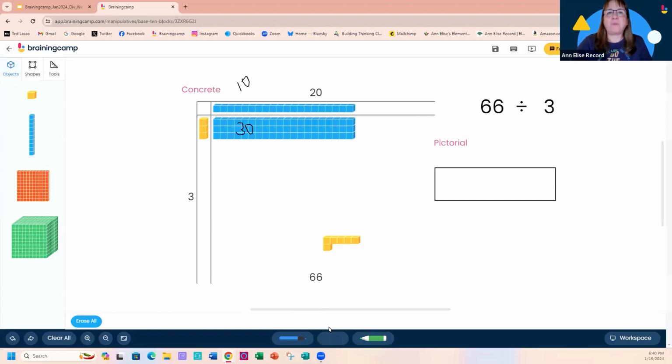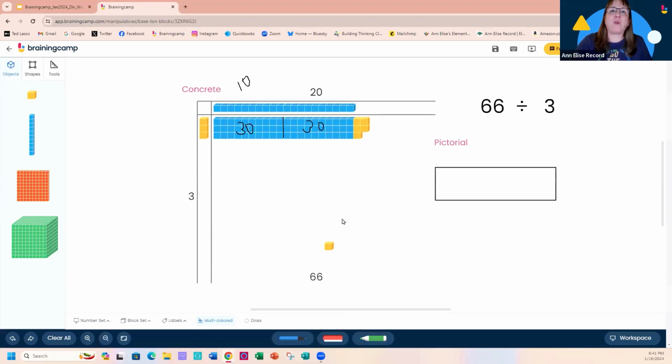So I've got my 10 here and my 10 here. I've got another 30, just so you can visualize that, that 10. And then I have 6 more, right? So I can do 2 more groups of 3. And so I can be taking that same 66. This amount that I started with has not changed.